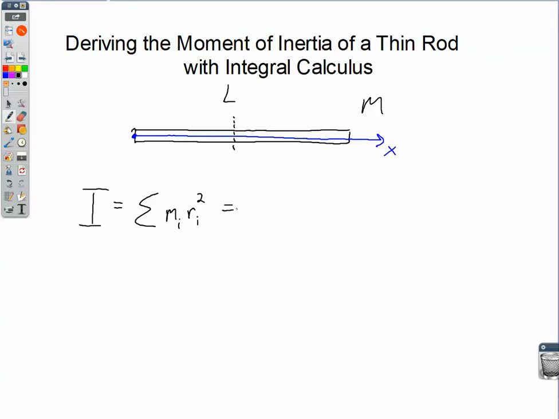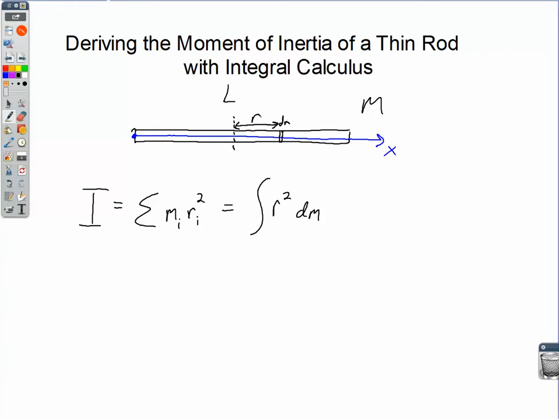So we're going to be integrating all of these little dm's, those tiny chunks of mass, times their distance from the axis squared. Remember, that's what r is, the distance from the axis of rotation. Here's a visual: we've got this little chunk of mass, dm, and it has a distance from the axis of rotation of r.